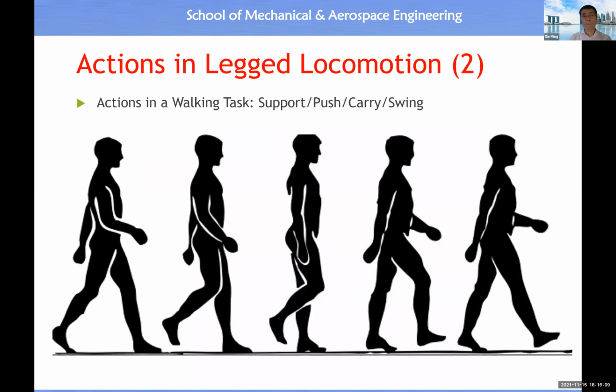And for biped walking, actually, we can identify these four basic actions which could be undertaken by each leg. So we have the actions of push, support, swing, and carry.